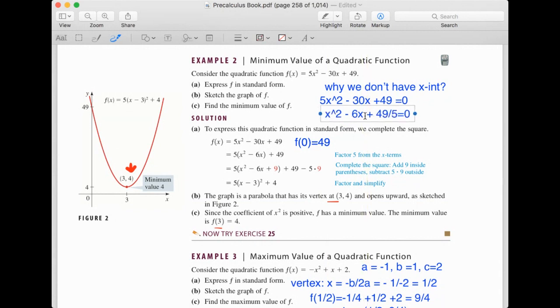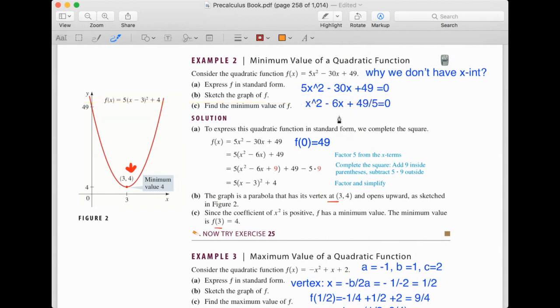Now, how do we solve this? This is not factorable. We cannot factor this. We can use the quadratic formula, figure out a, b, c, or we can complete squares. Let me review completing squares with you. I'm going to take x squared minus 6x, plus 9 minus 9, as if I didn't do anything, plus 49 divided by 5 equals 0.